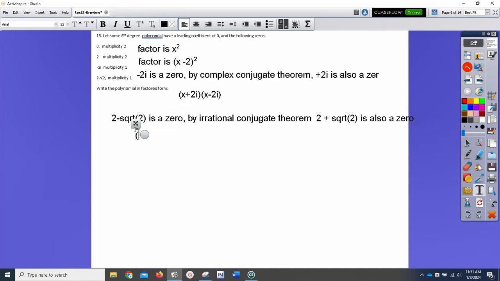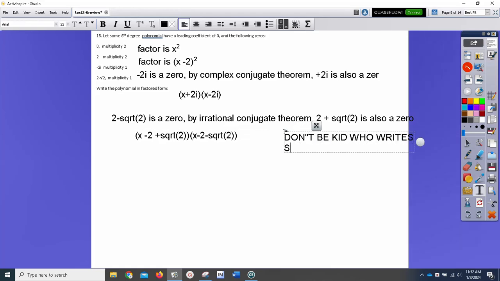So the factors here, and when we enter parentheses, we just change sign, will be x minus 2 plus root 2, because I changed that sign. And the other one's going to be x minus 2, and in this case, plus becomes a negative, minus root 2. And by the way, please don't be the kid who writes "squirt." Use the square root symbol. I am typing.